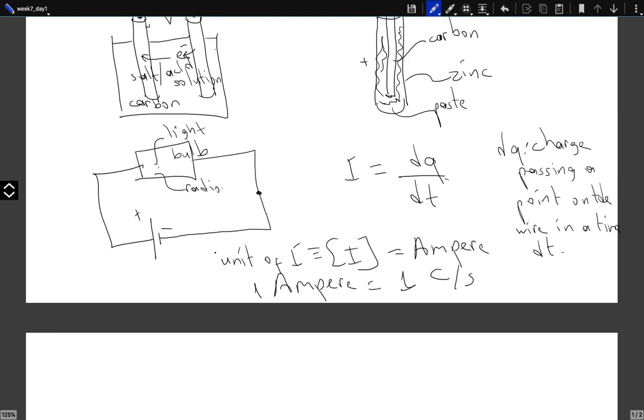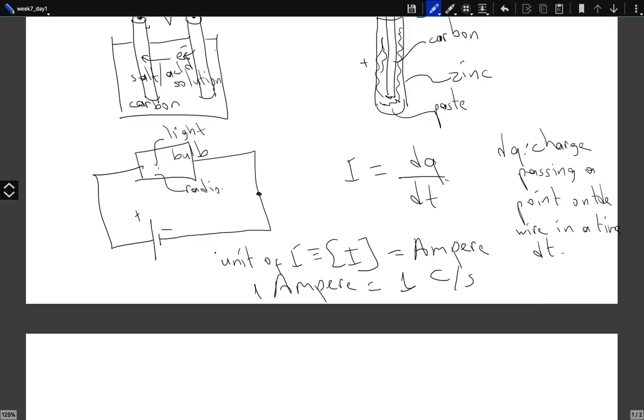Okay, so, yes, questions? Why don't we take the integral of the dq and dt? Well, you see, this is not the derivative. It's not the derivative of anything. This is the definition. You just count the number of charges divided by how much time it takes.